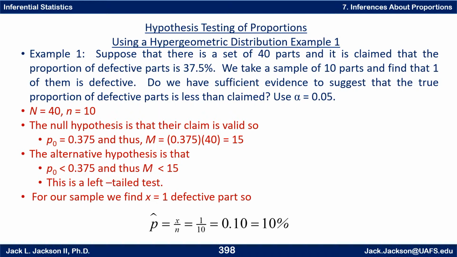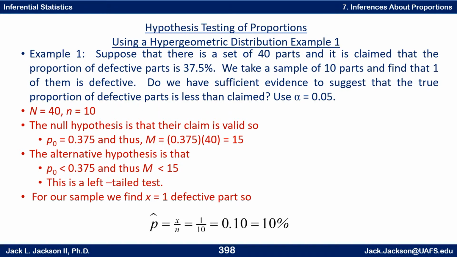The alternative hypothesis is that p-naught is less than 0.375, and thus M is less than 15. This is a left-tailed test. For our sample, we find x equals 1 defective part, so the p-hat in our sample is x over n, 1 over 10, 0.1, or 10%.